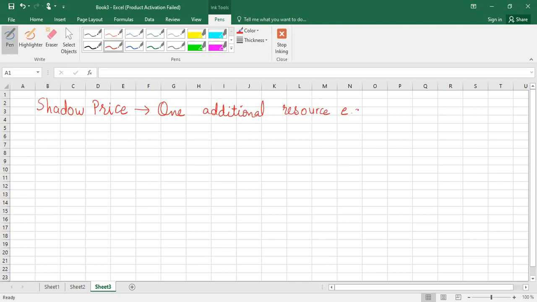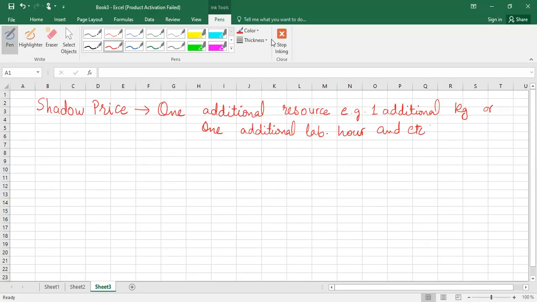Suppose, for example, one additional labor hour, and so on, like one additional square feet.